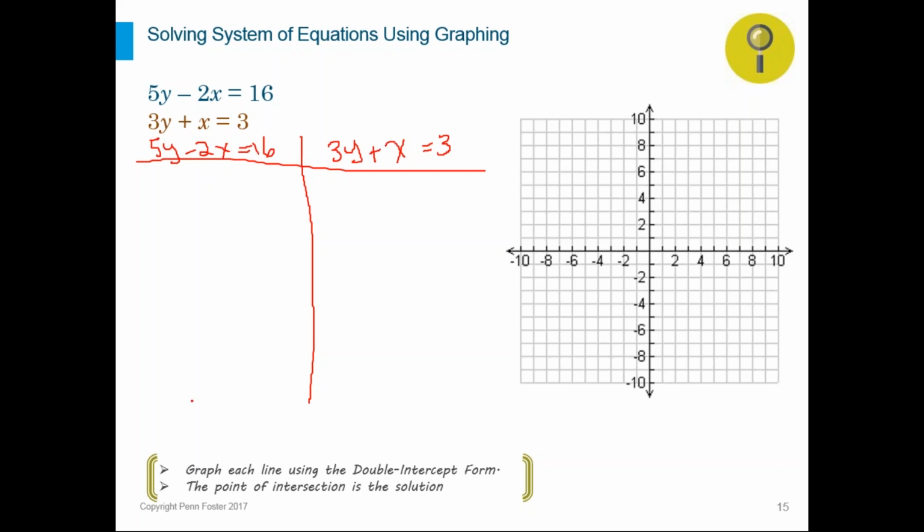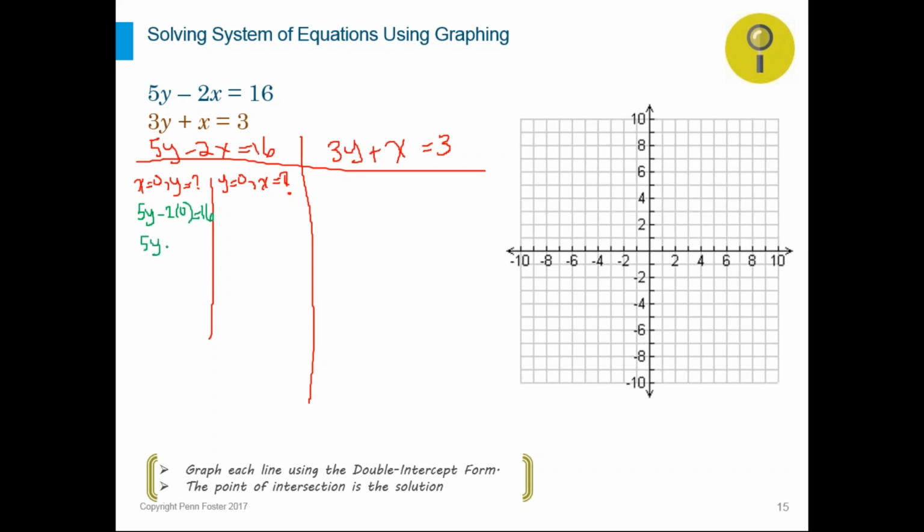Now, the double intercept form makes me set the x equal to 0 once and find out the y, and the other time set the y equal to 0 and find the x. So let's do that together. Using this equation, 5y minus 2 times 0 equals 16.